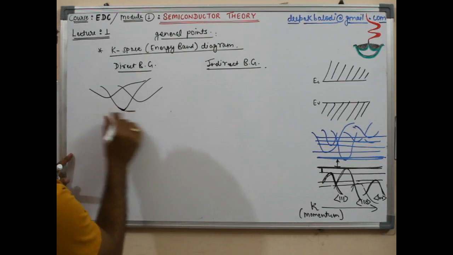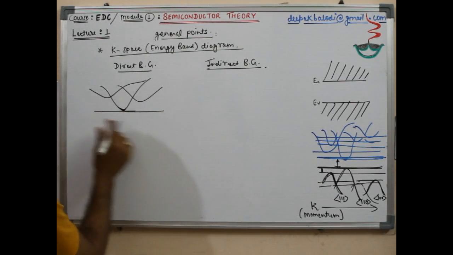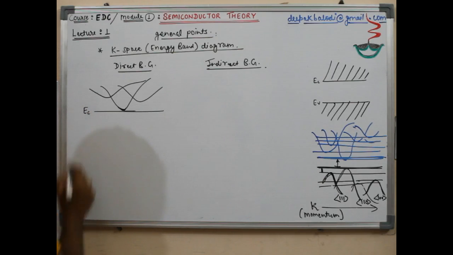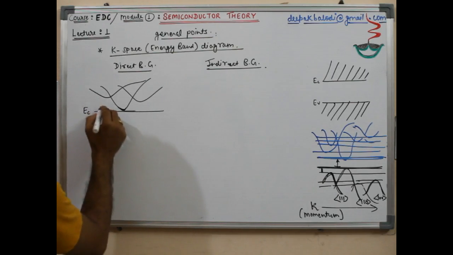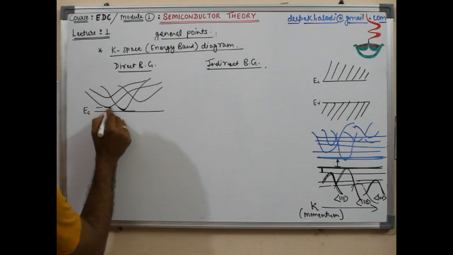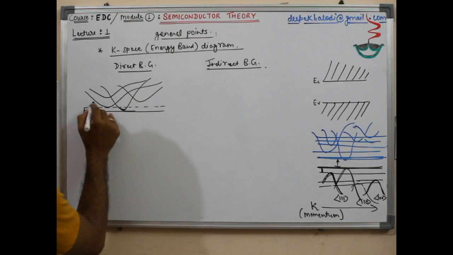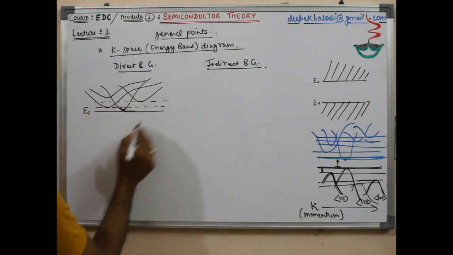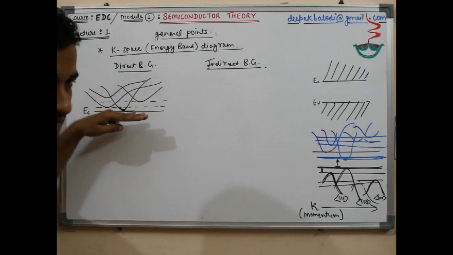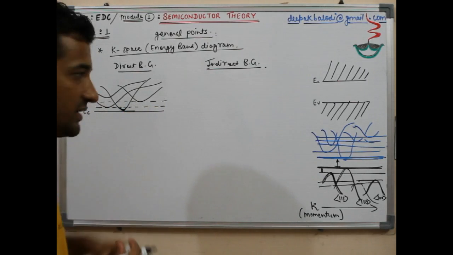The horizontal level corresponding to that will be called the conduction band edge, EC, and the next one is arriving somewhere here. We are not really bothered about the higher energy levels, we just want to locate the lowest energy level in the conduction band, because that is the conduction band edge indicated by EC.